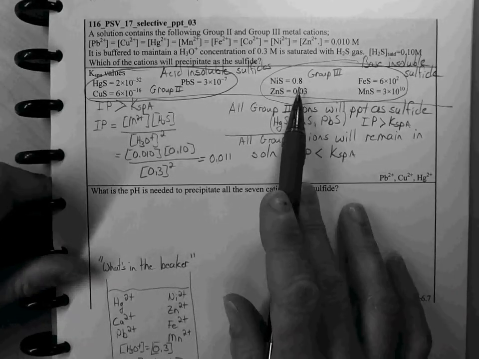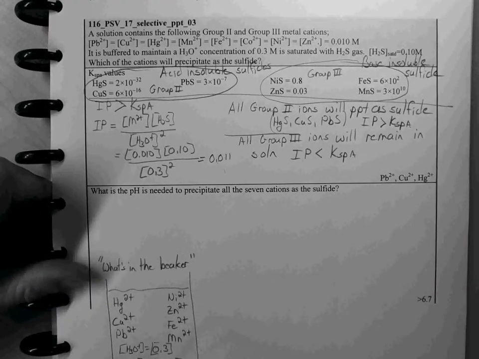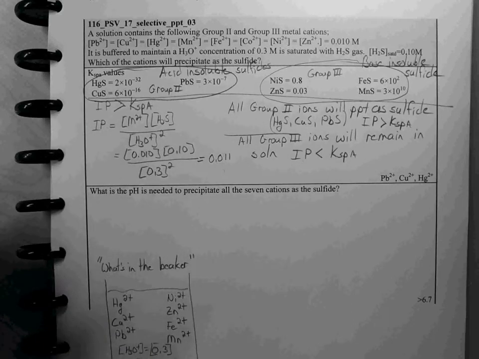So their KSPA values are larger than the ion product that exists in this particular situation.